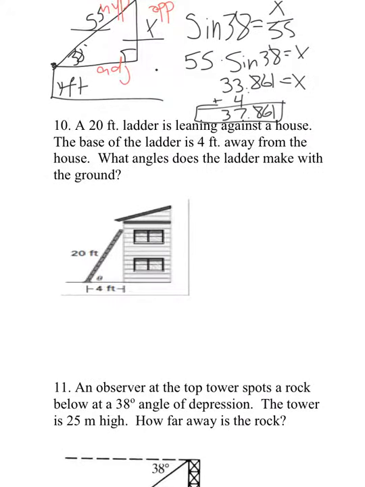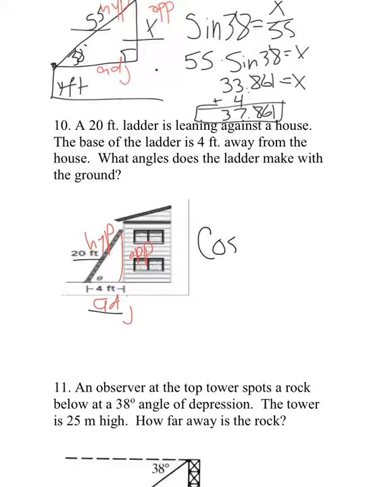Number 10. A 20-foot ladder is leaning against the house. So again, another ladder problem. The base of the ladder is 4 feet away. What angle does the ladder make with the ground? Again, asking a different question, same setup. So from the angle theta, that's that Greek letter we talked about, this is opposite, this is hypotenuse, this is adjacent. So we have adjacent and hypotenuse with our information.